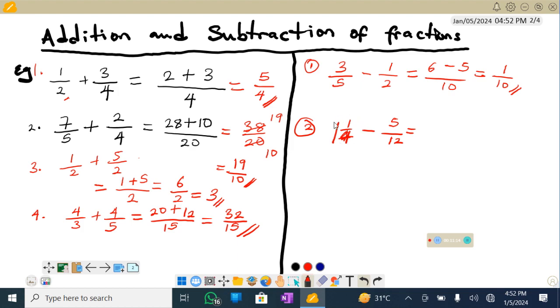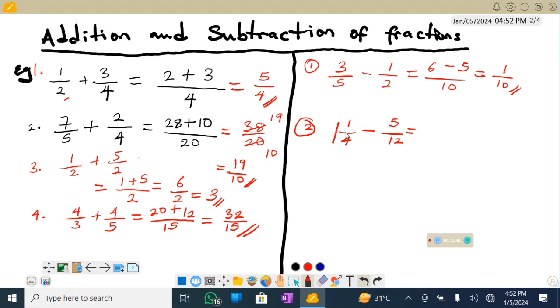When you have a mixed fraction, the first thing to do is to change this mixed fraction to an improper fraction first, before you carry out your subtraction. I know that some people work it out without changing first, but most times there is always a little error there. So the best thing to do is to change it to an improper fraction. When you change it to an improper fraction, you can now work out your problem.